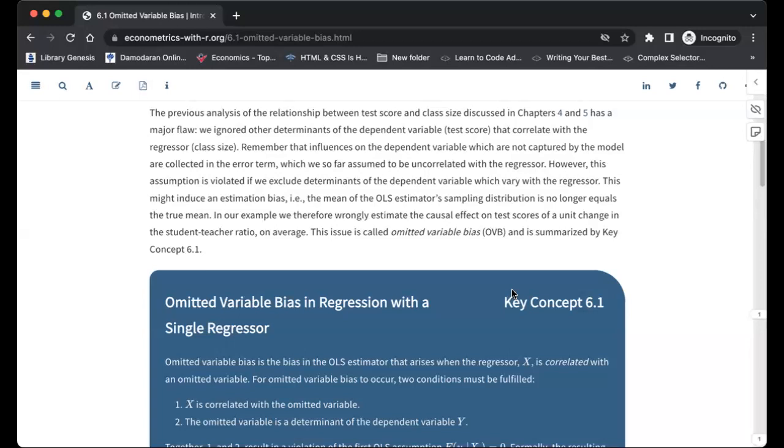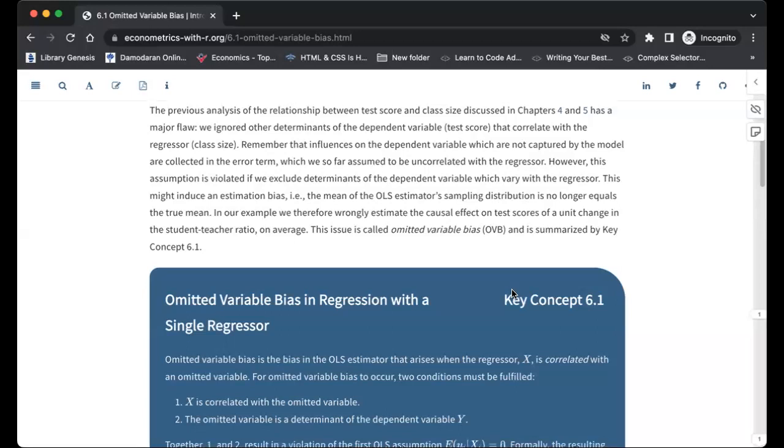The main problem with omitted variable bias is when it leads to the OLS estimators being biased. Then that particular omitted variable is a concern, and we have to consider including it in our model's specification.